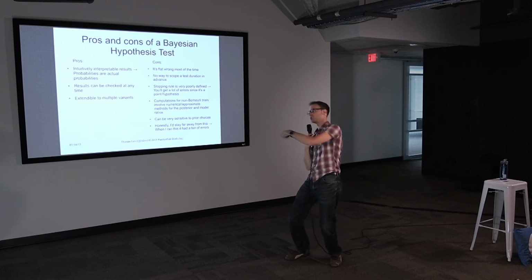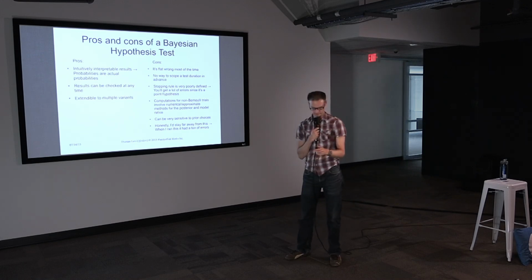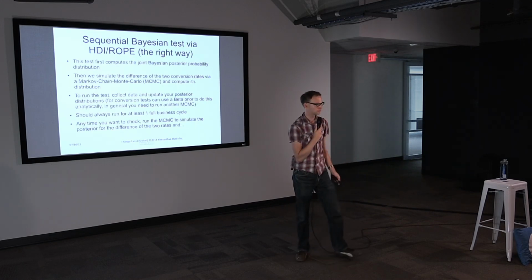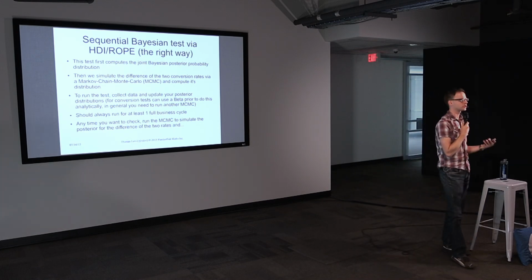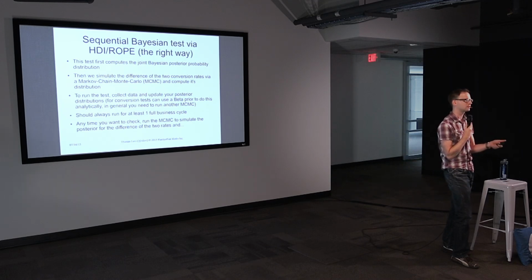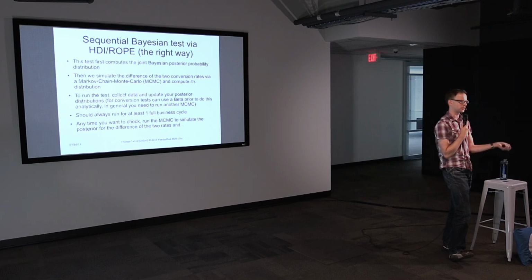So what I'm about to tell you is a better way of doing this. What you can show is that the pull from a beta is essentially a Bernoulli distribution, and for conversion-based tests, which are essentially coin flips, that's a very good approximation. Also, it's really easy to work with a beta prior because it's conjugate to itself.